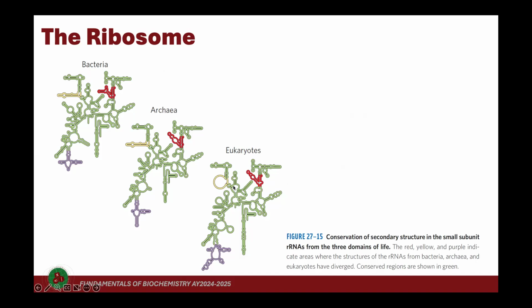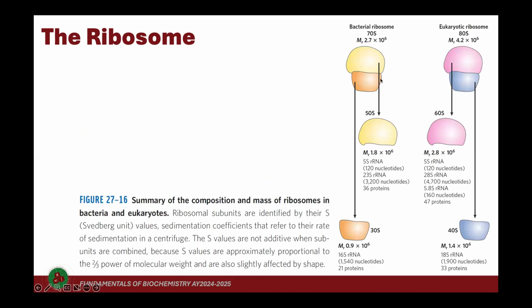Because we are only presented with the topology, we are convinced that the structure of your ribosome is conserved because overall the structures are similar. If you want to take a look at the composition of your ribosome, you have the molecular weight there in Daltons. You can refer to this figure.